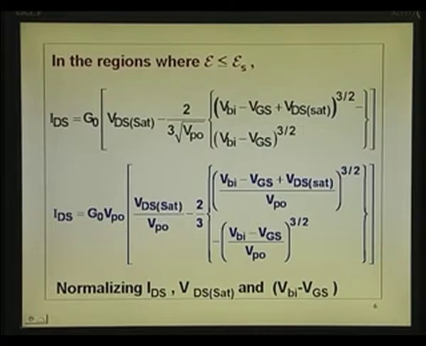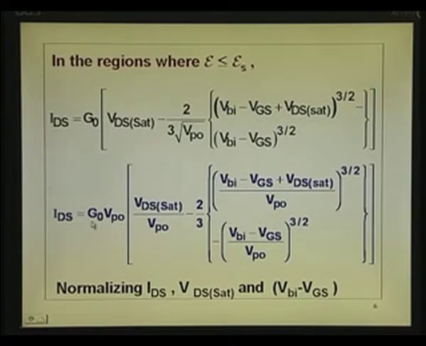Now, instead of keeping on writing this long equation again and again, what we do is normalize IDS, saturation current. Please note, I do not know what IDS is, I just said IDS is the value you get when V d is equal to V t sat. That is all what I have done. So, IDS is equal to G naught. I pull out this, I have multiplied by V p 0.